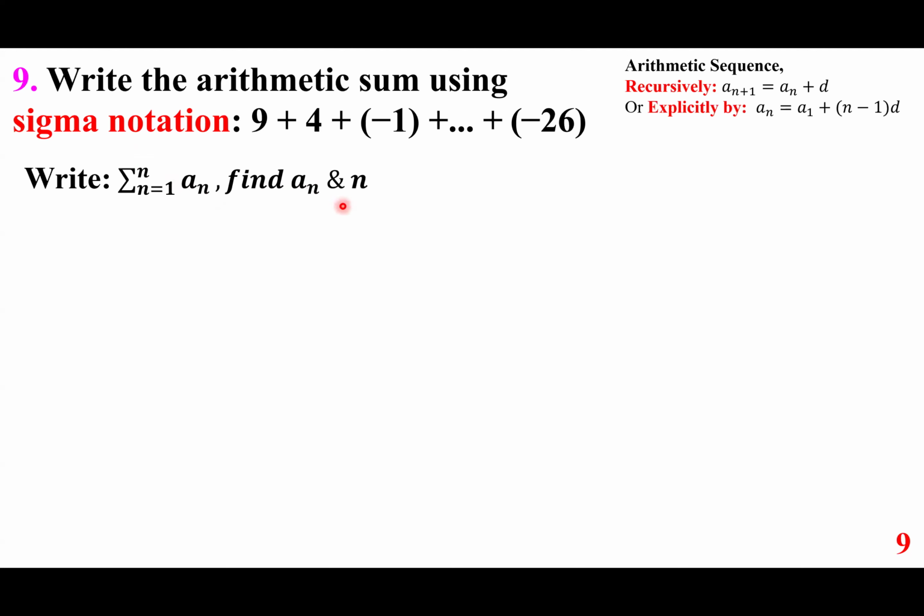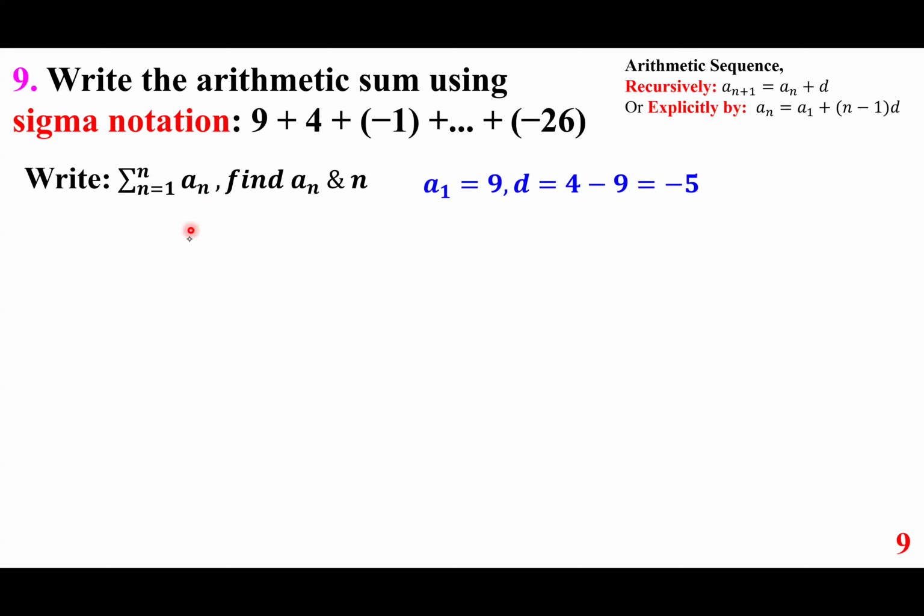We want to find a sub n, and that's what this means. This is the first term, a sub 1. Their difference, 4 minus 9 is negative 5. Minus 1 minus 4 is also negative 5. We are checking, okay? So the first term is 9, and d is negative 5.